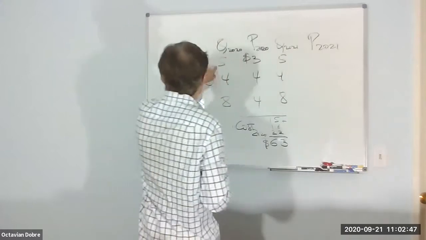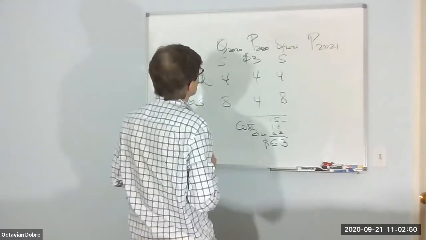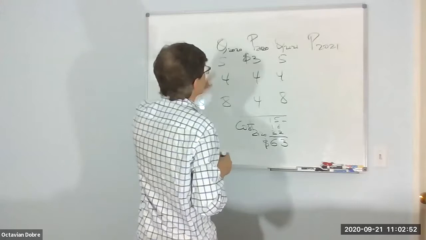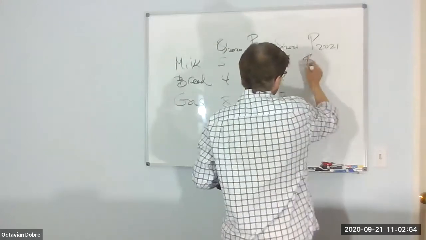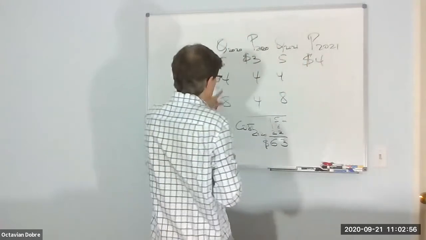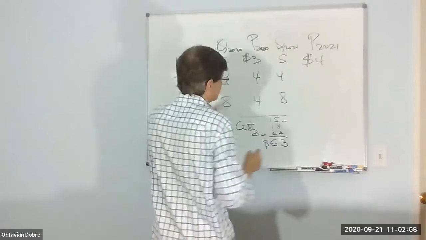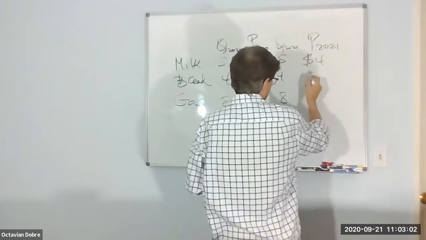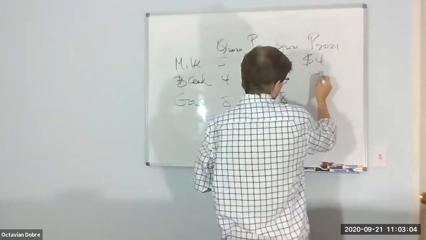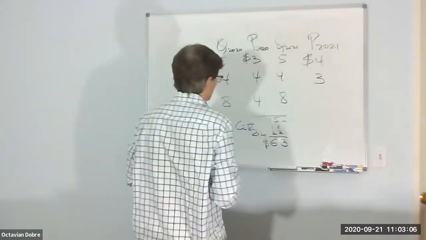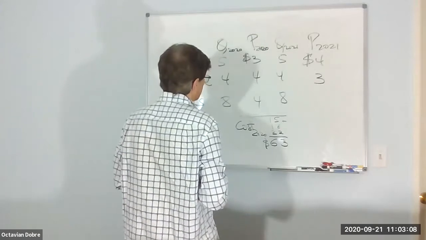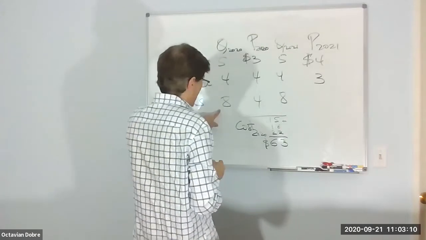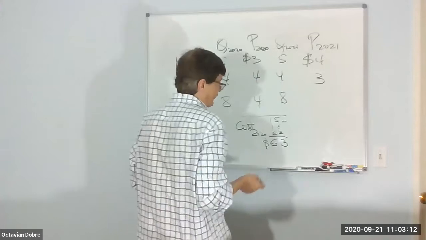Let's say that milk goes up from $3 to $4. And bread stays the same. No, bread goes down. Let's move it down. It goes down to $3 a loaf of bread. And let's say that gas goes up, it goes to $5.